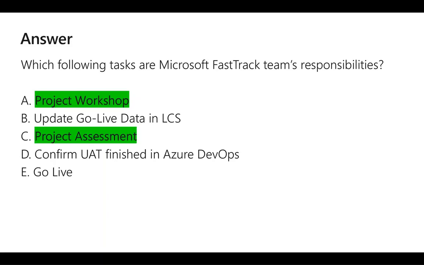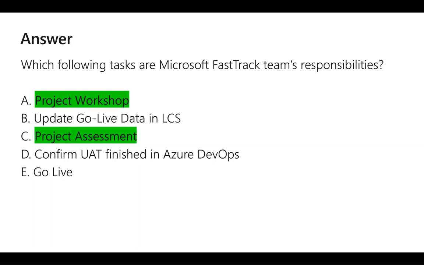After all user acceptance tests (UATs) are completed and signed off by key stakeholders, all finance and operations customers must complete a go-live assessment with the Microsoft FastTrack team before their production environment can be deployed.